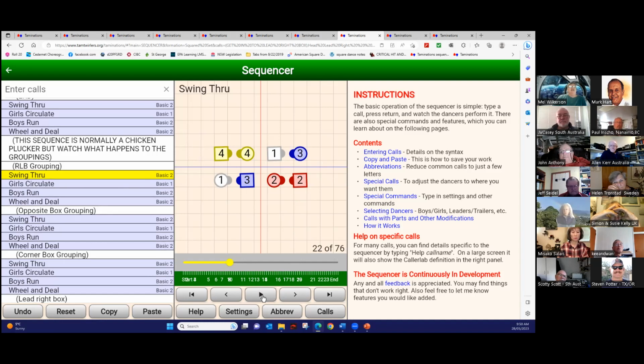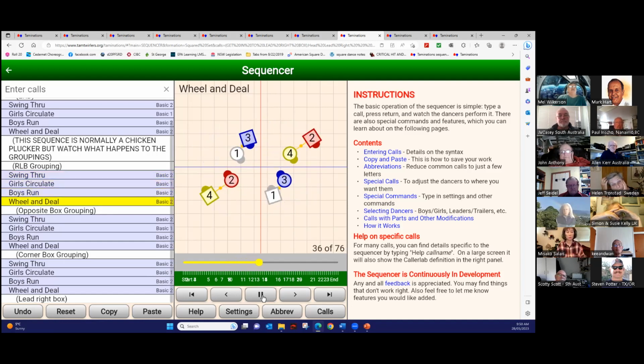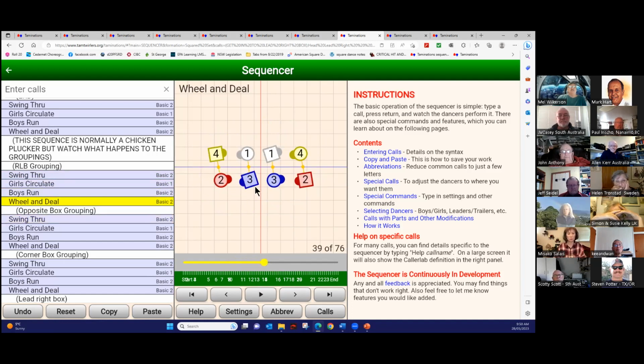If I do it again, swing through, girls circulate, this is what would normally be a chicken plucker type rotation. I can do a chicken plucker, but these aren't opposite groupings that it'll take me to. It'll rotate around. This is my opposite box grouping. Notice it's still opposite, but they're not facing their opposites.